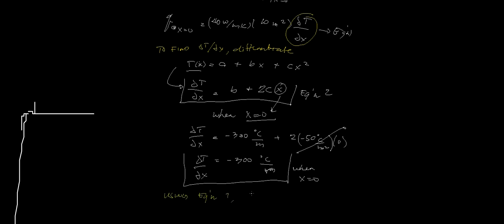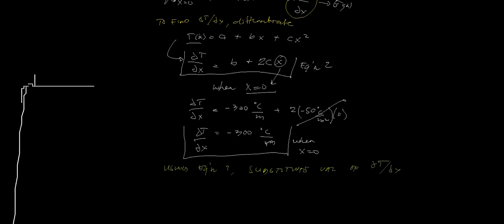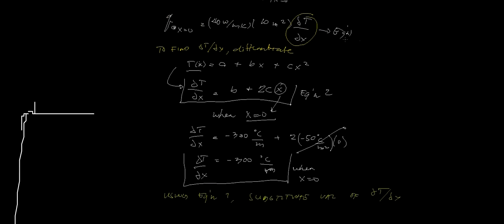Using equation 1, Q is equal to 40 watts per meter K multiplied by our area, 10 square meter, and this derivative is negative 300 degrees C per meter.